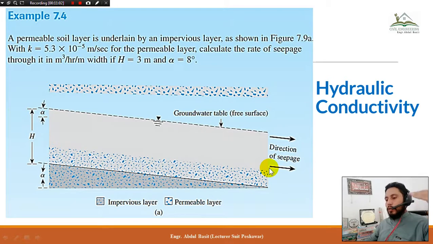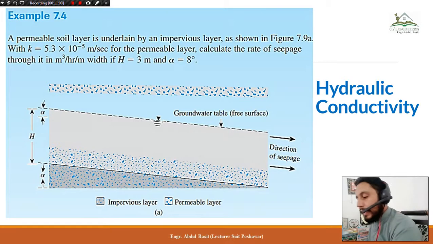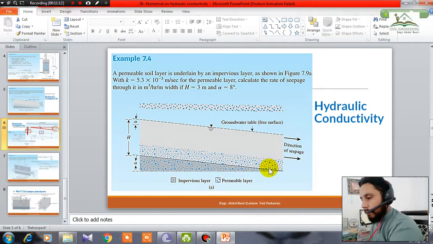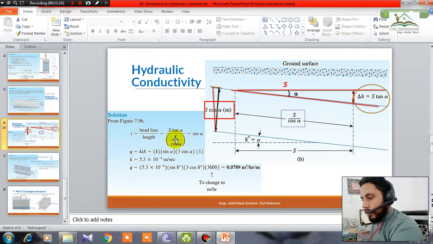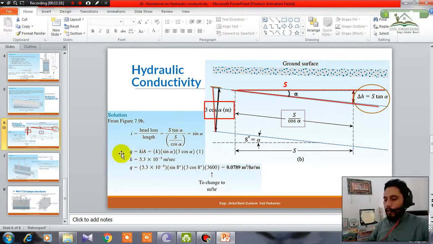So for the calculation of the rate of seepage, we need to just do this. I am minimizing it to make this formula visible to you. Q is equal to KiA.